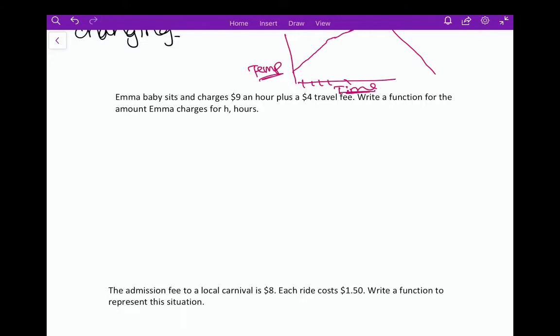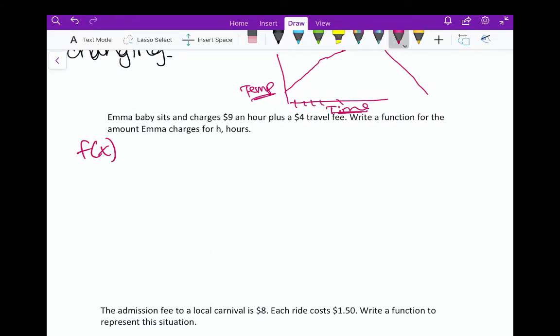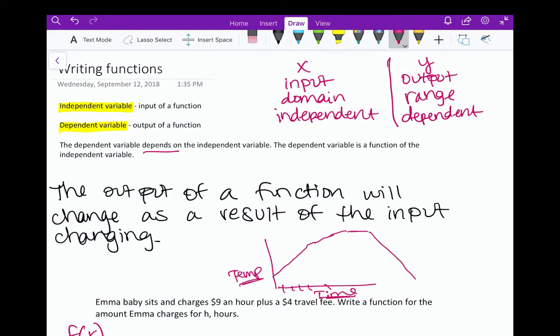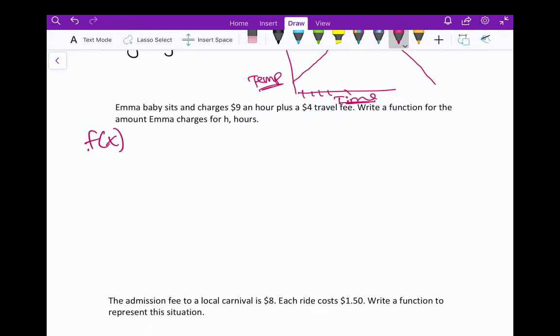So function notation is that we are going to use what is called f of x. F of x is our output. So I'm going to go add that to our table up here. For y, we can also use f of x. So that's how you read this, f of x, meaning a function.